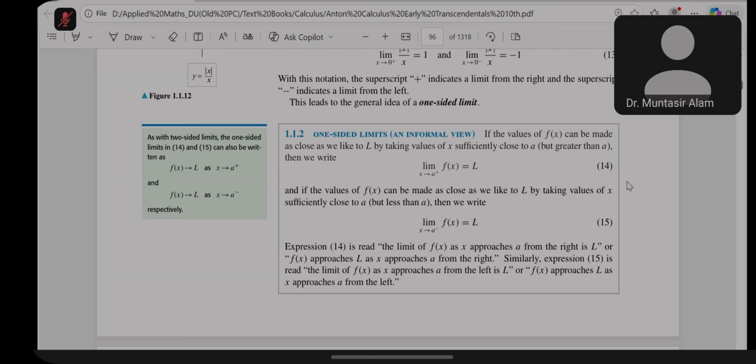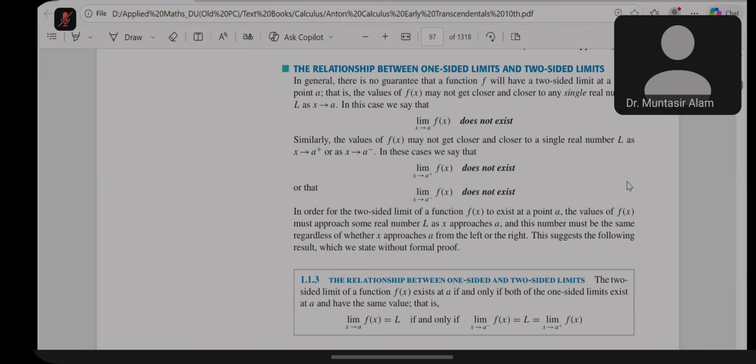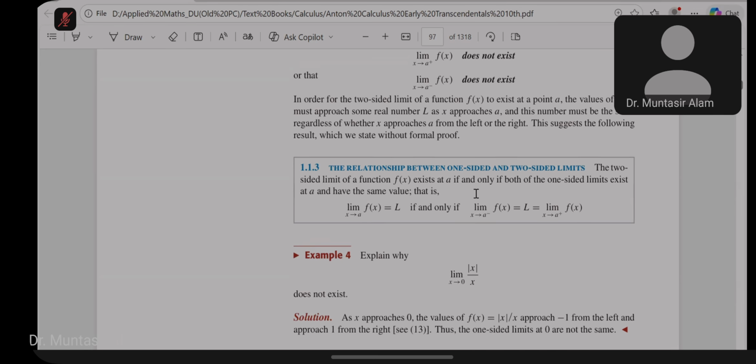So 14 and 15 respectively represent the right-hand limit and left-hand limit of the function if we take the limit about the value x equal to a. If we say the limit exists, then it means the right-hand limit and left-hand limit are equal to each other. If we say the limit does not exist, that means the right-hand limit and left-hand limit are different.